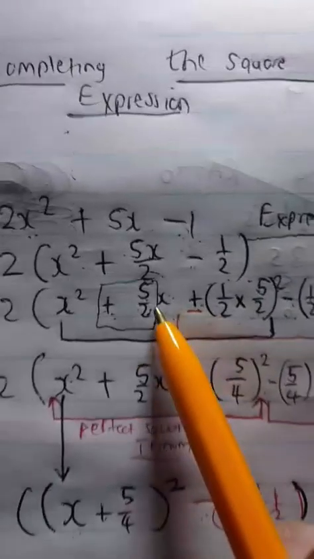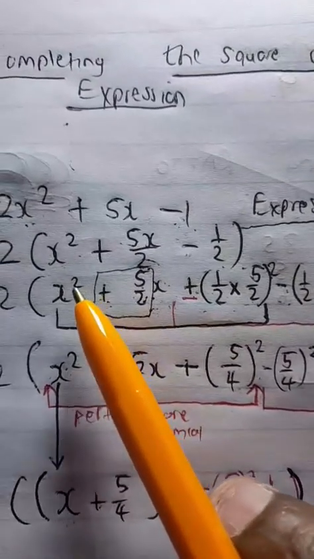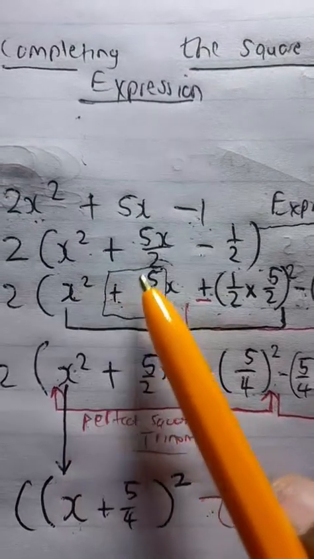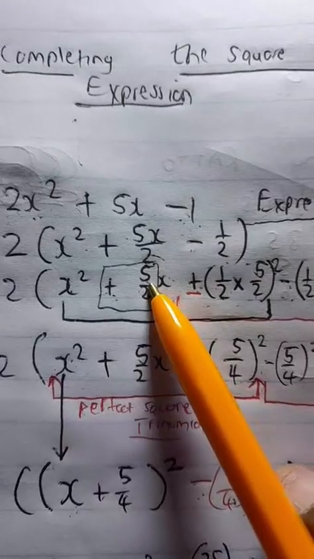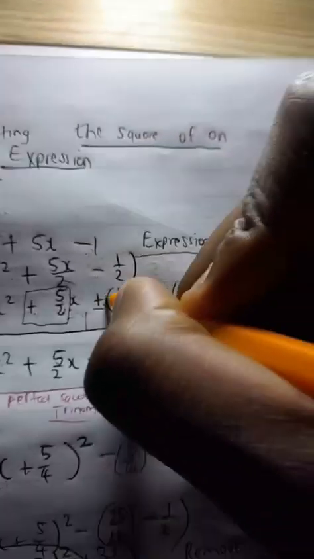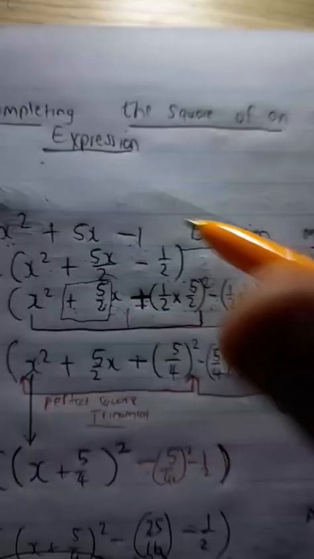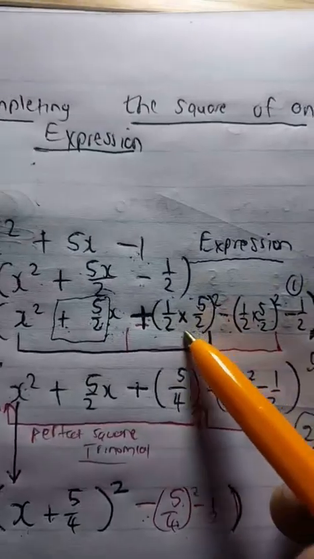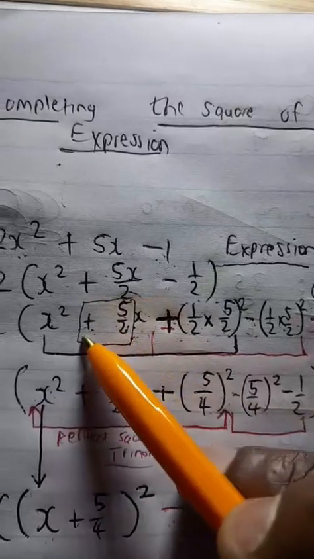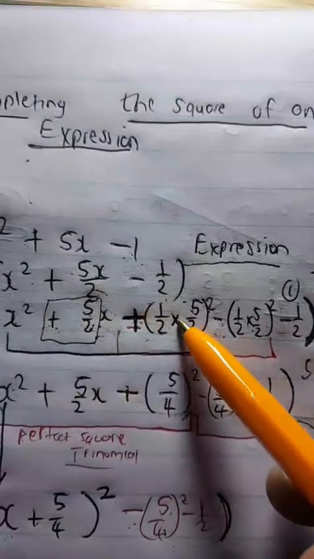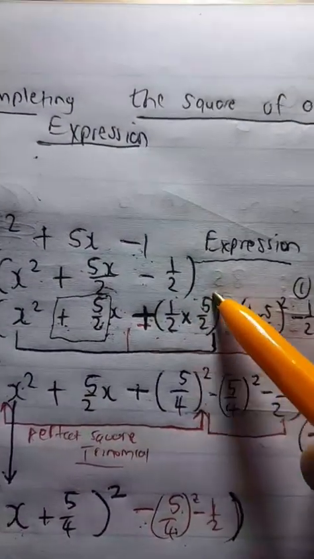So that is why when you see this expression, what do you see? You're seeing x squared plus 5 over 2x. This is the x term. After that, what are we doing? We first add half the product. What is the coefficient of x? The coefficient of x is positive 5 over 2. So we half times the product.